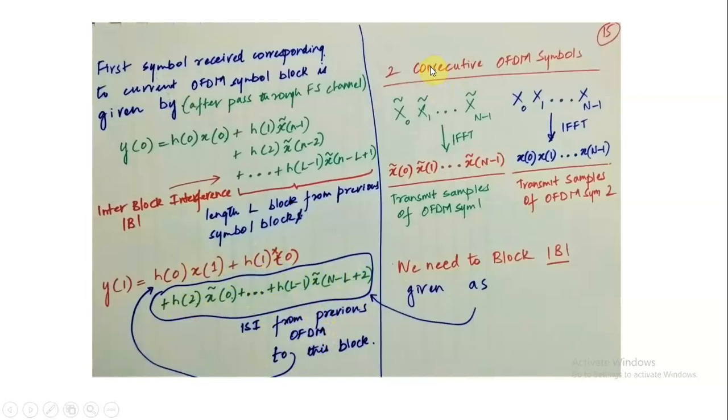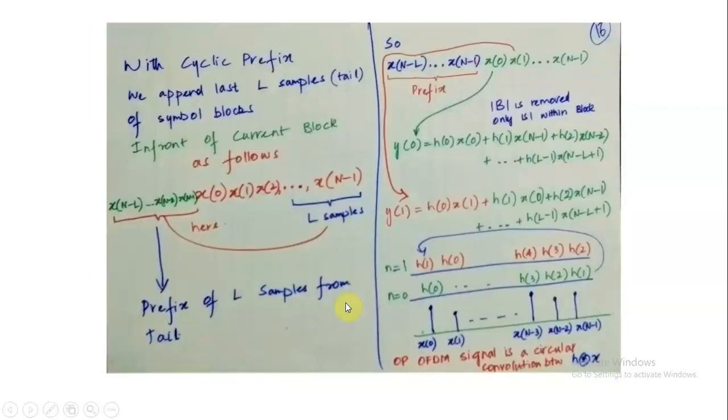Two consecutive OFDM symbols are given by this. These are the samples of the FFT, and these are samples of the current symbol. This is the sample of the previous symbol. These are the transmit samples of OFDM symbol 1, which are being transmitted, and these are the transmit samples of OFDM symbol 2. We need to block this inter-block interference, which is given by this equation here and here.